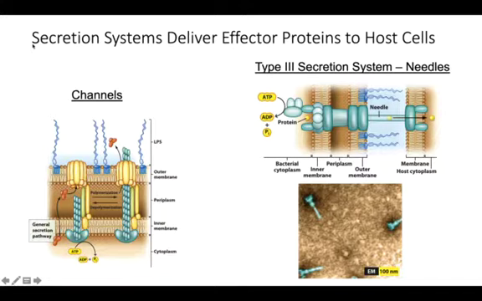The second type of secretion system, there's a type 3 secretion system, and this is in the bacterial cell. The protein or the virulence factor is then pretty much injected into the host cell. So these are two types of ways in which the proteins or the virulence factors are delivered to the host cells.